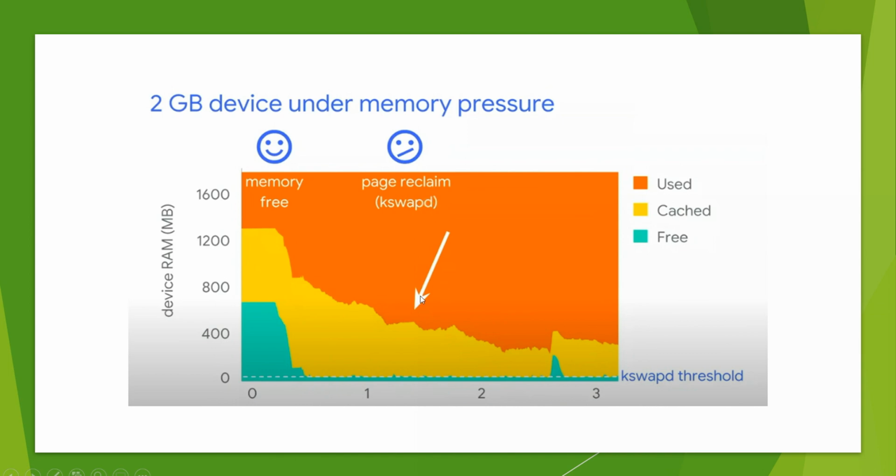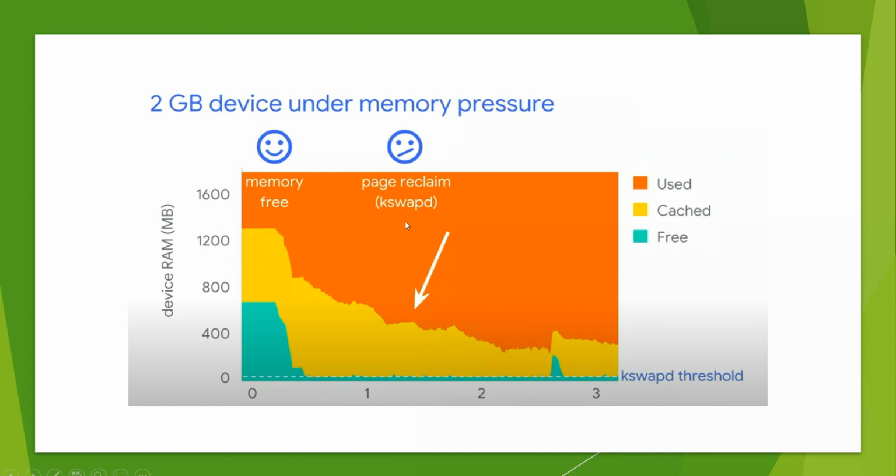That time the KSWAP daemon kicks in. The KSWAP daemon has a threshold, the KSWAP-D threshold. Whenever free memory falls below that threshold, KSWAP-D kicks in. Here we can see this white dotted line is the KSWAP-D threshold. At this point the free memory is meeting that white line, that is the KSWAP-D threshold, and that time the KSWAP-D daemon kicks in.